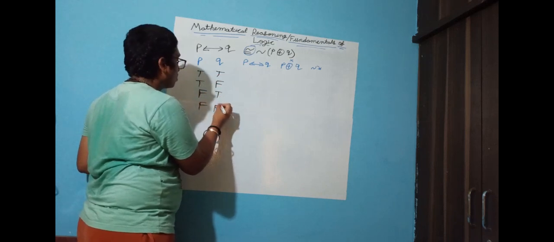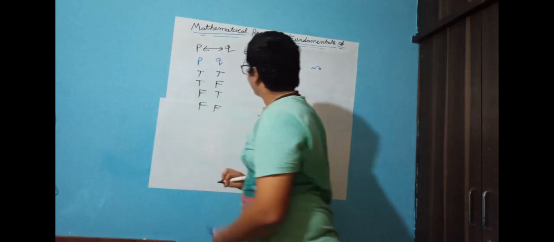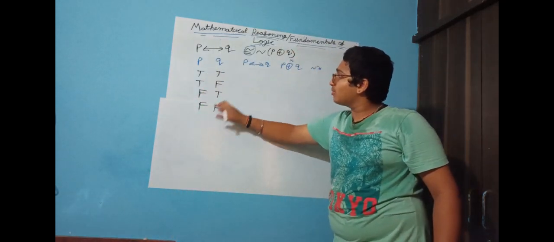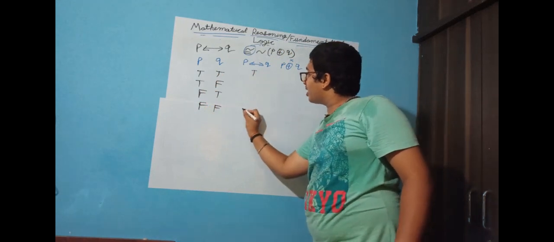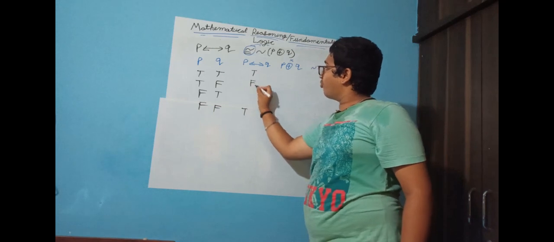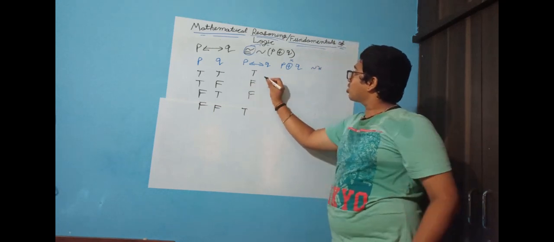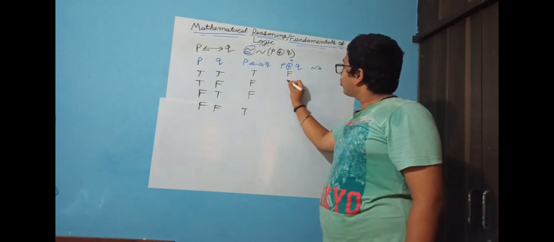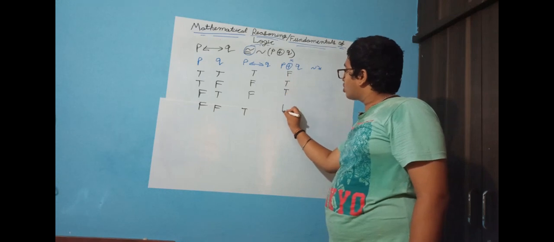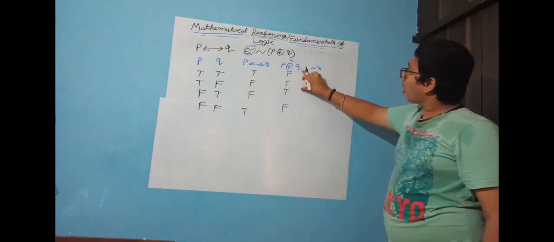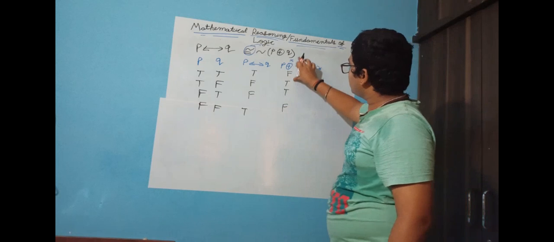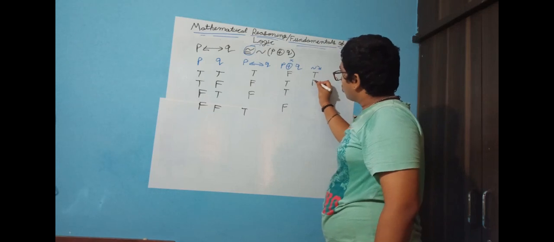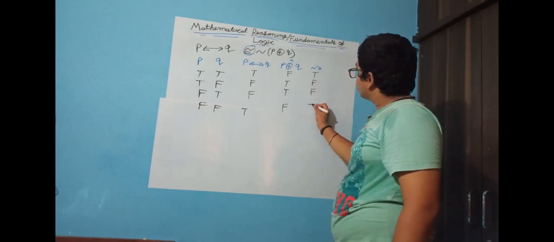Now, if and only if means that when truth values of both statements are similar, the result will be true. Otherwise, it will be false. XOR is the opposite of if and only if: false, true, true, false. Now we need to negate X, the negation of XOR. What will we get? True, false, false, true.